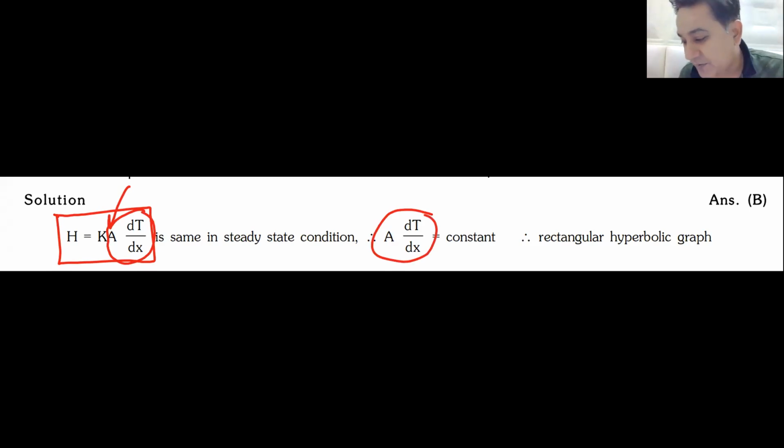So the rectangular hyperbola comes into the picture. Yes or no? Yes, sir. A really simple question and it tells us a really simple concept and we get a really wonderful answer. Yes or no? Yes, sir.